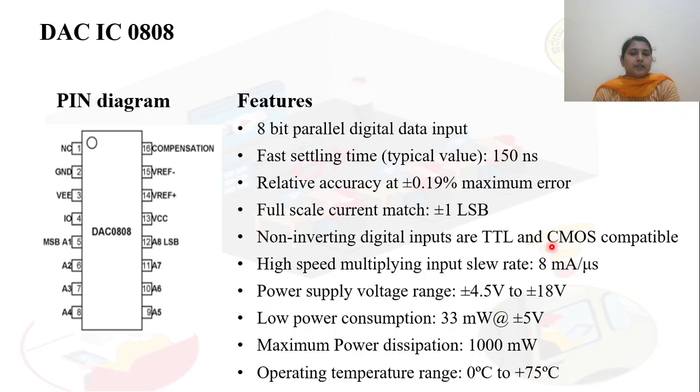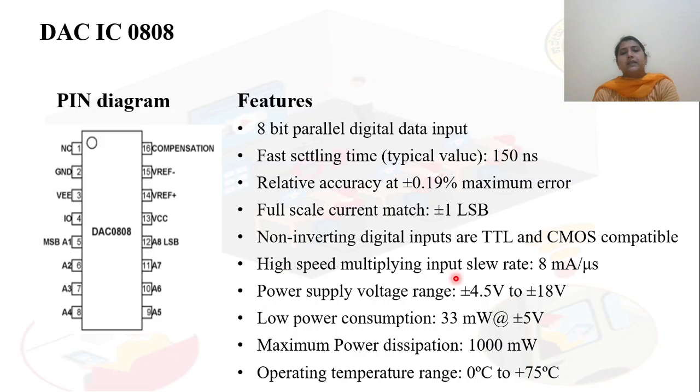For the TTL family of gates and the CMOS family of gates, the input and output voltage ratings are different. So the IC provides pins that are compatible with both the TTL family of logic inputs and the CMOS family of logic inputs and outputs.